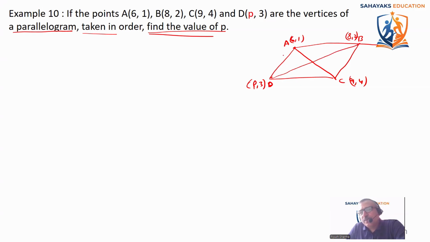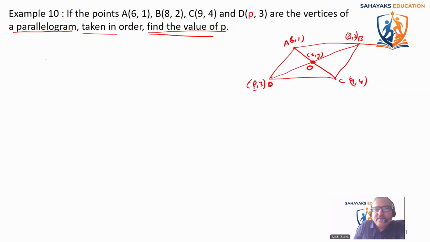So what we are going to do, we'll find the midpoint between A and C. Once we have this point, because we already have these numbers there, it will be easy for us to find the value of P. Okay, let's consider this point as O, and we'll put the coordinates as x, y for this. Now what is the midpoint of A and C?